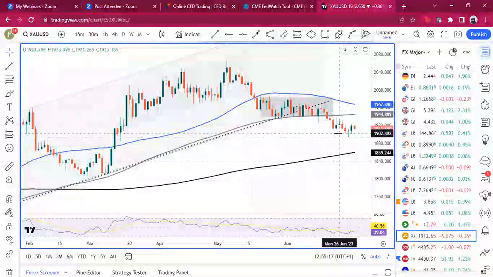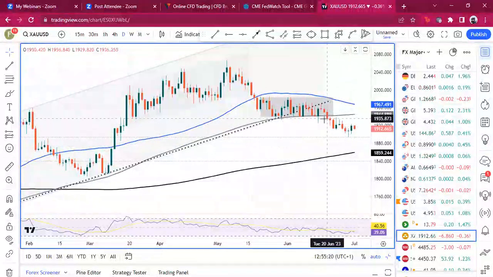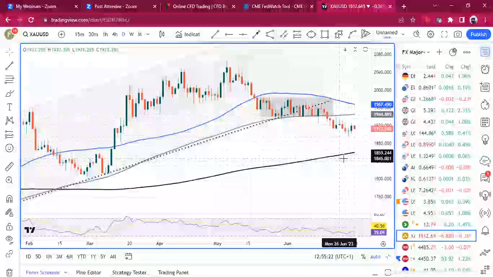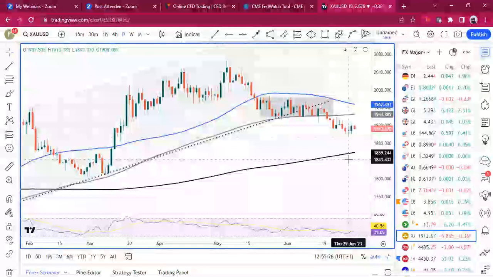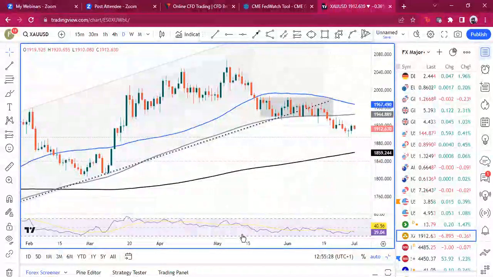As I say, I think upside resistance around 1940, 1944, and for the downside, potentially we need to break last week's low at 1893. Hopefully that's good for you.